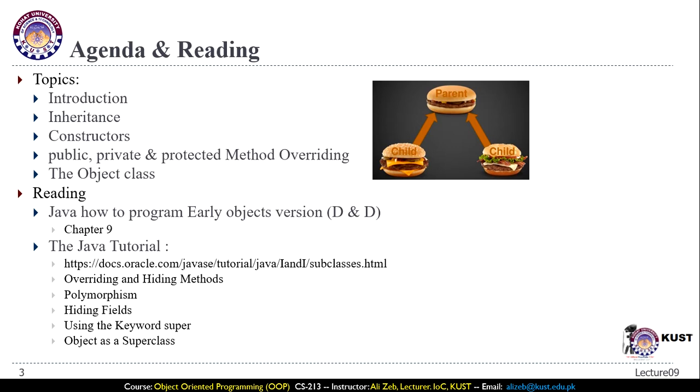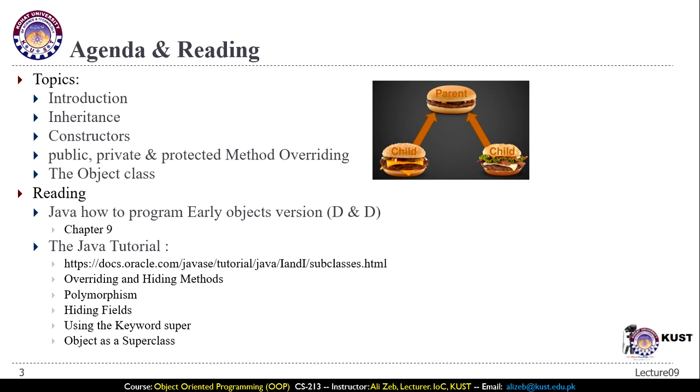The book for this course, as has been discussed earlier, is Java How to Program, the early objects version, and the relevant material for this lecture is chapter 9. You can also follow some of the tutorials that are available online if you find them useful.